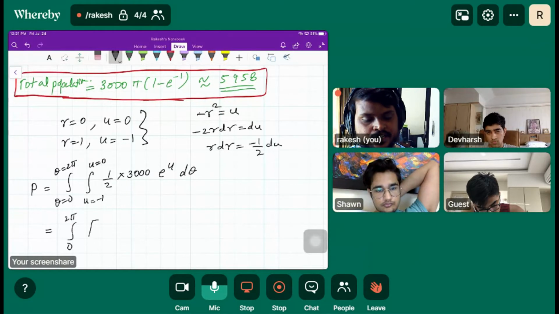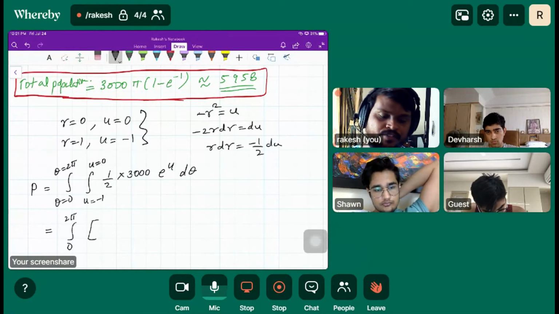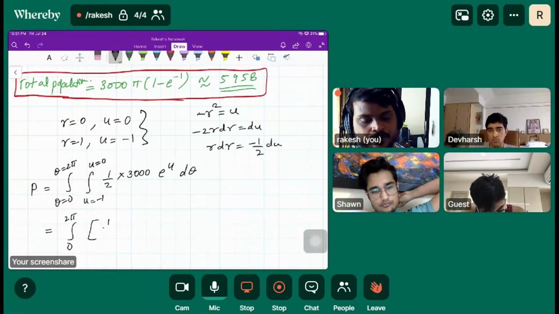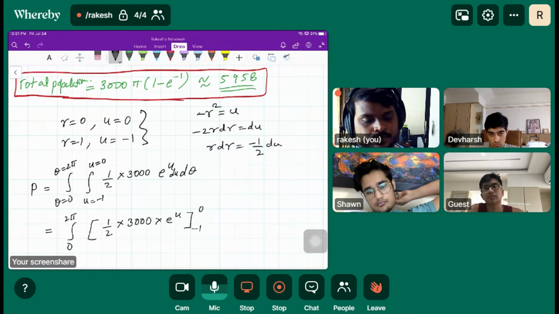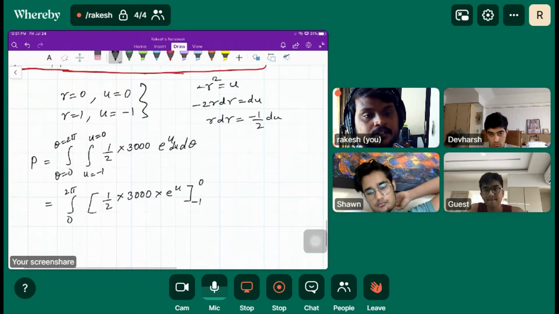Then what is the integration of e raised to u? That's the same as e raised to u. So 1 over 2 times e raised to u, and the limit is minus 1 to 0.